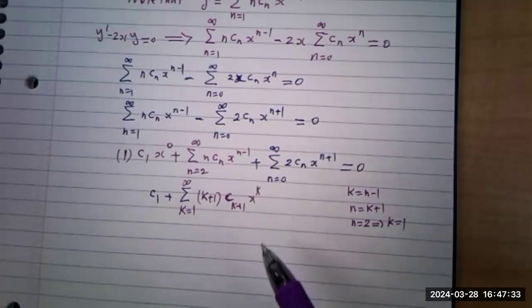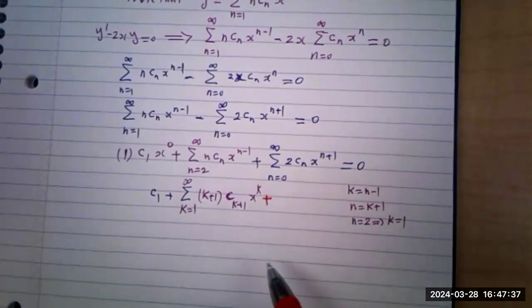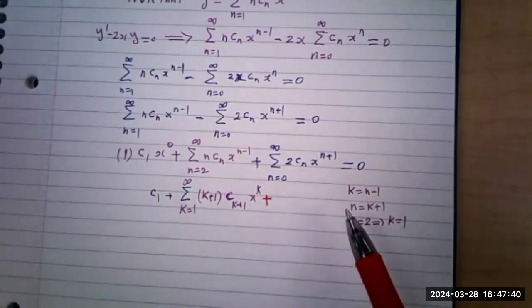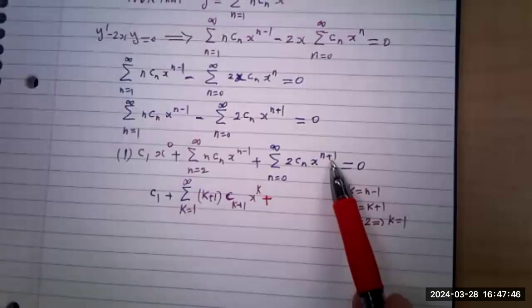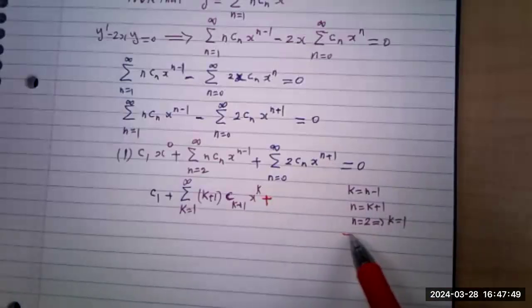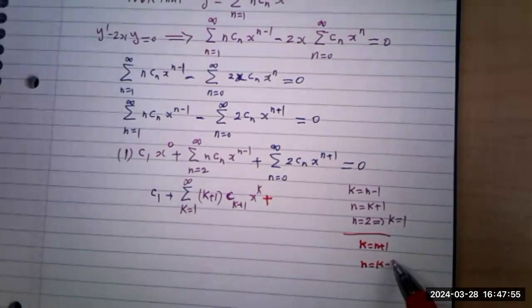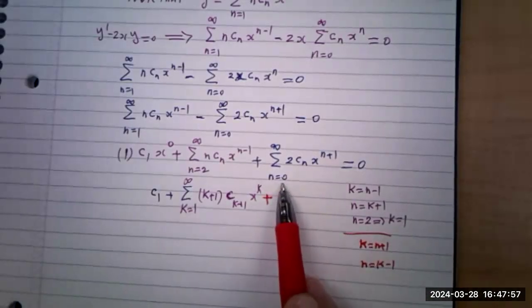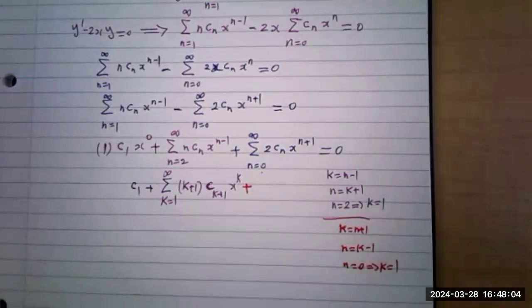Now we do the same thing to the other one. So it's going to be plus the other one. For the second one, I replace k by n plus 1. Then I find n, which is going to be k minus 1. When n is equal to 0, k would be equal to 1 for the second one.